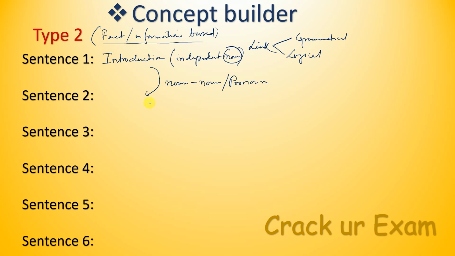And thereafter, from statement 2 to statement 3, there may be some other grammatical link. Grammatical link may be the link of noun and pronoun, the link of verb and corresponding adverb, the link of auxiliary verb with different forms of main verb.